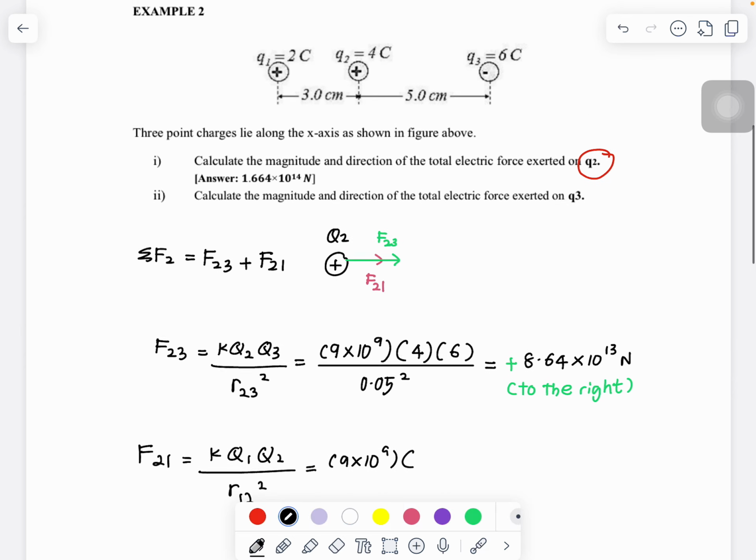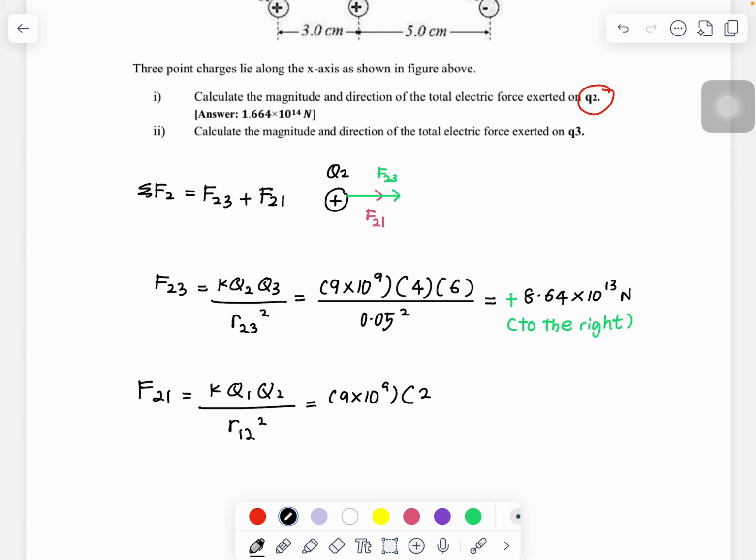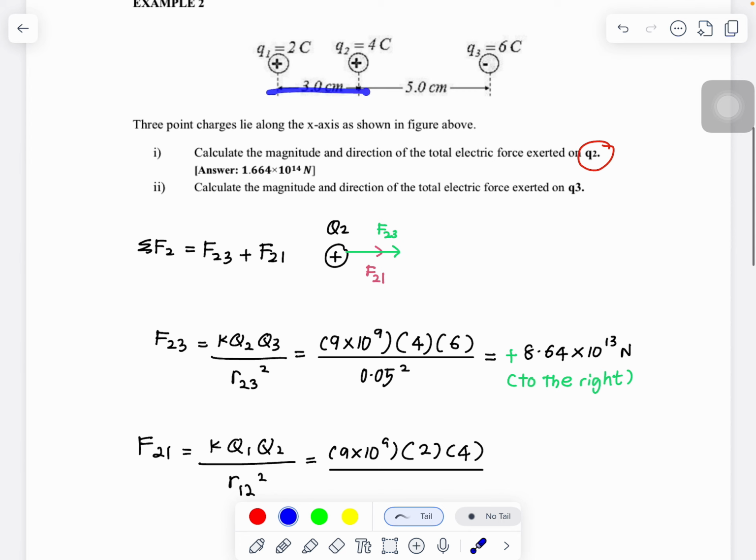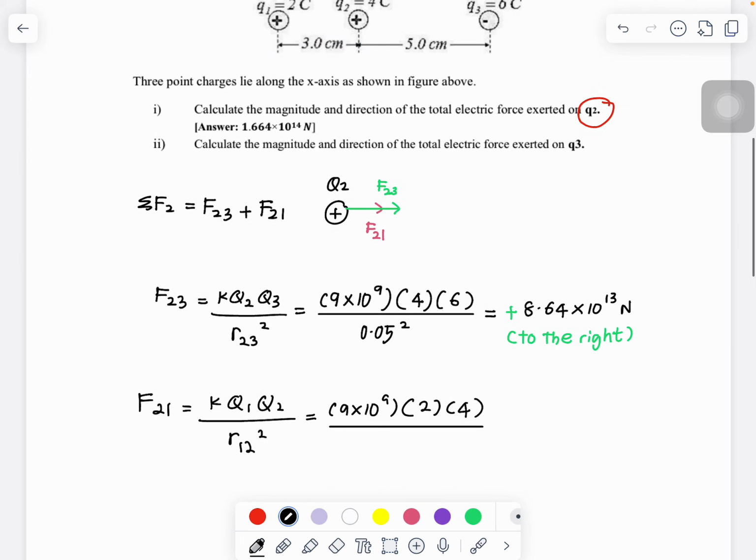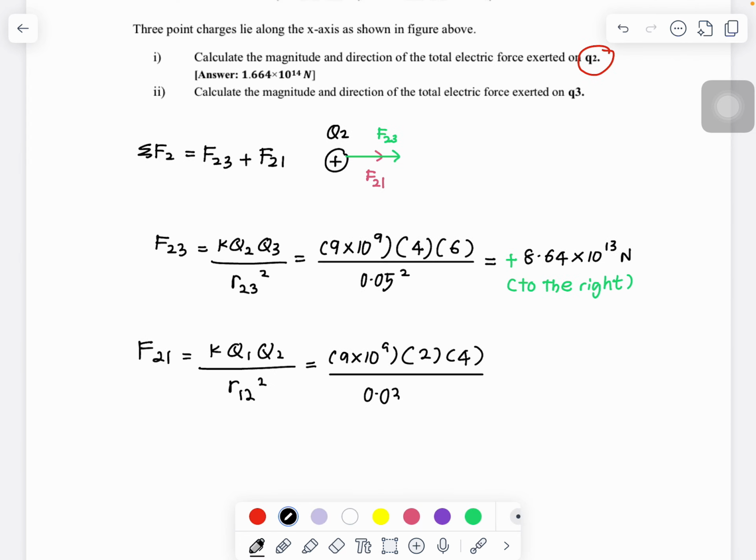Okay, Q1 is 2 coulomb, Q2 is 4 coulomb, divided by the distance between them. Okay, between them is 3 centimeter, and convert to meter. So dapatlah 1.6 at exponent 13 Newton.